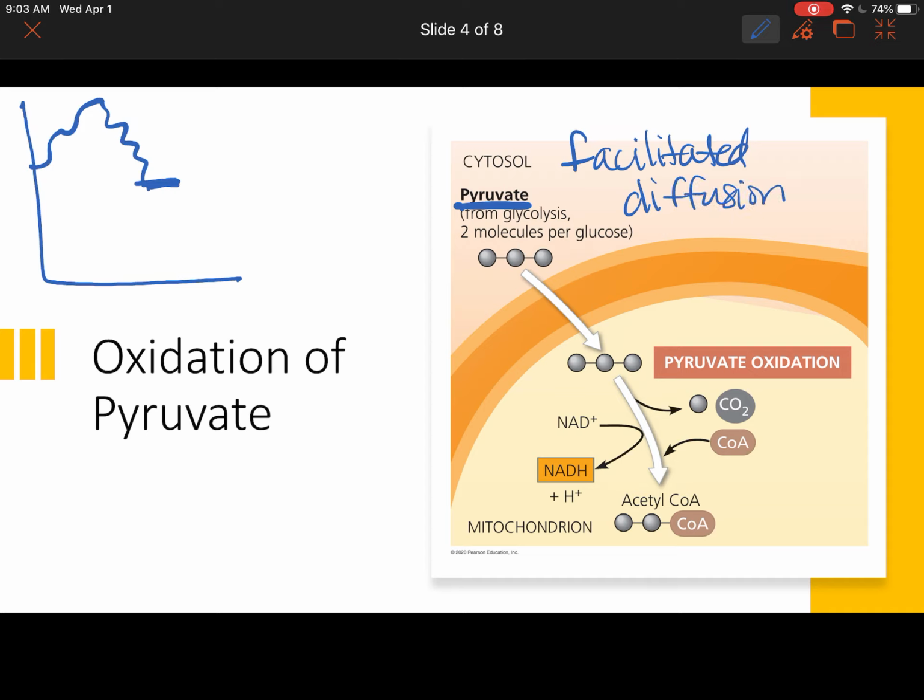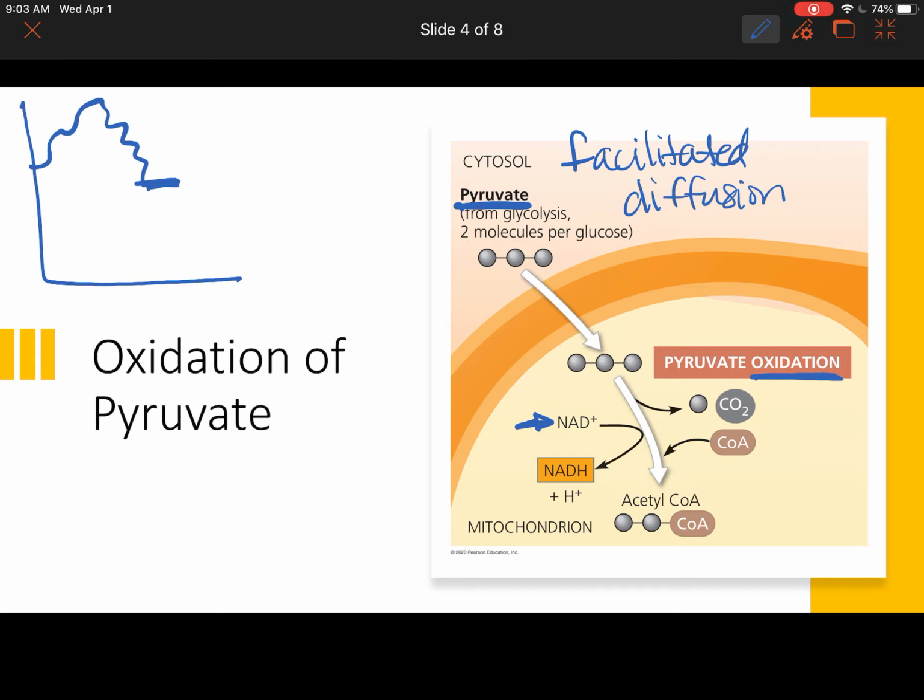Okay, well, if pyruvate is oxidized, what does that mean? Oxidation is loss. Loss of what? Loss of electrons, loss of energy. Okay, so pyruvate being oxidized means that something else has to be reduced. Well, what is that something else?